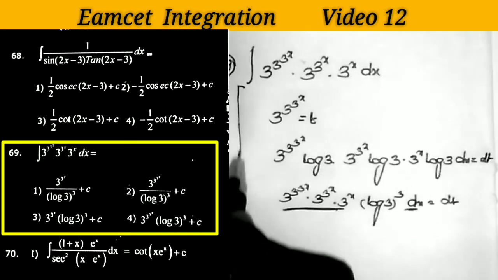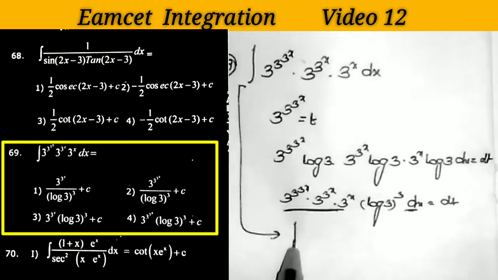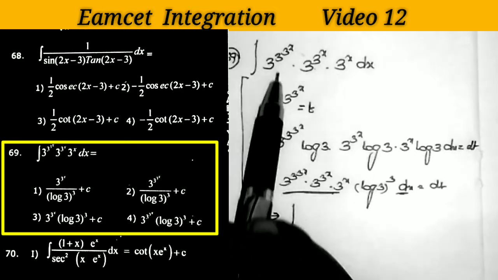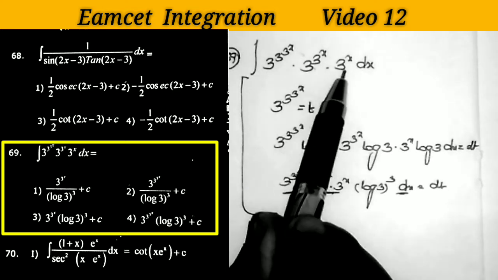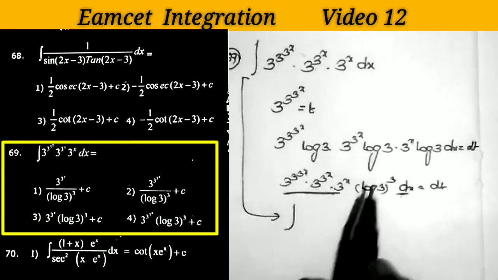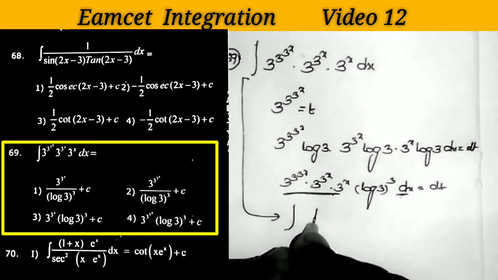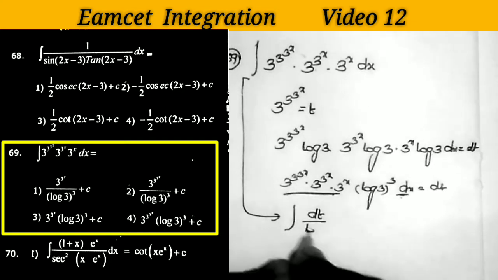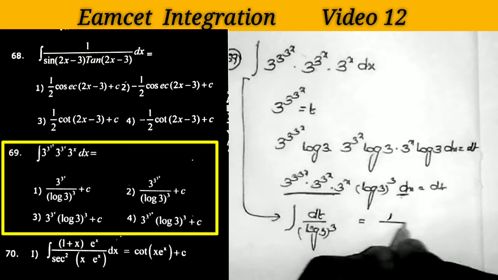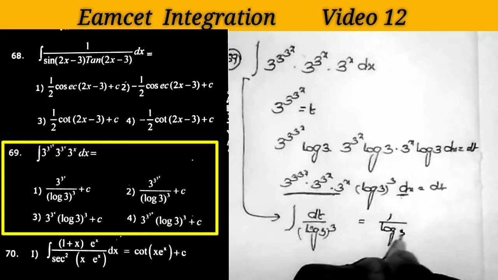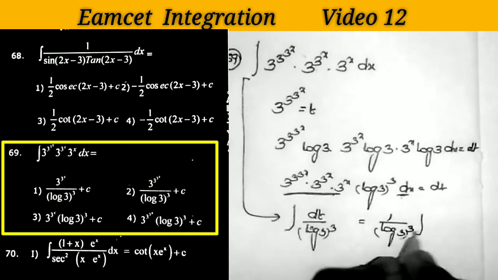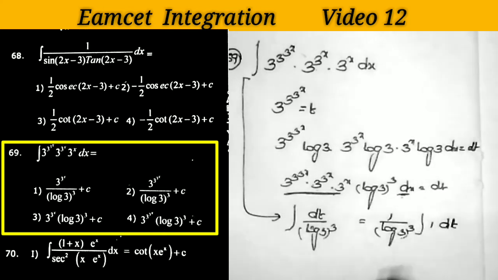Therefore the question becomes: integral of 3 power 3 power x into 3 power 3 power x into 3 power x into dx. What is the value? dt by log 3 whole cube. This equals 1 by log 3 whole cube, which is a constant. Writing the constant before the integration, what is the remaining value?